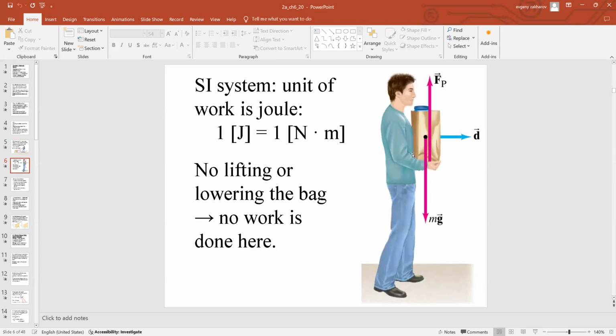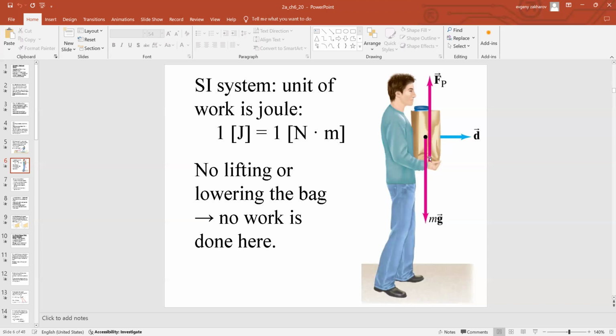What kind of angle are we talking about here? The force is upward, displacement is horizontal. What's the angle between? 90 degrees. Cosine of 90 degrees, everybody knows it, it's 0. So yeah, force is there, displacement is there, but because the angle is 90 degrees, you have a work done of 0 because it's cosine of 90 degrees.